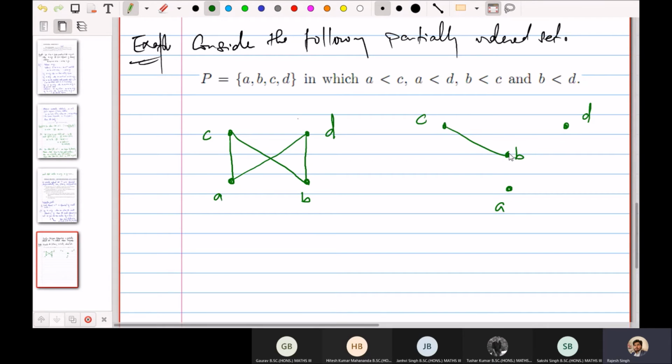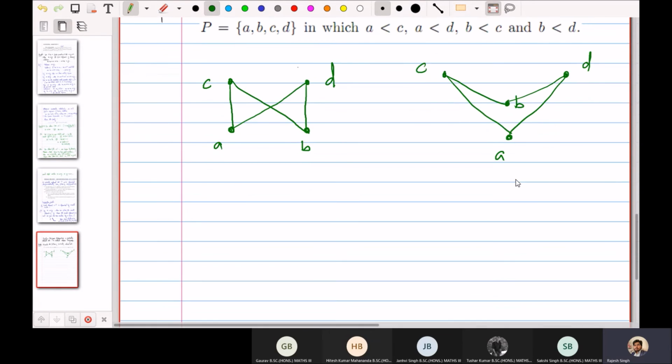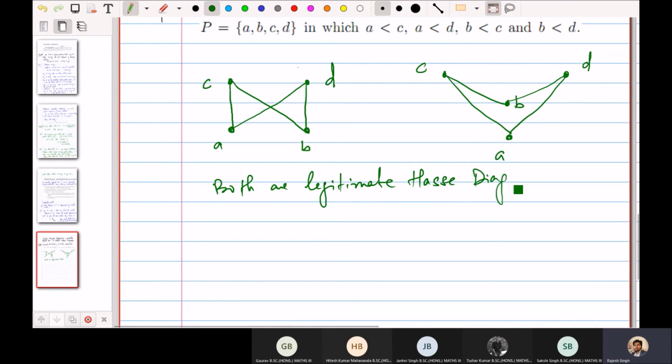So we can have a drawing like this also. So both are legitimate Hasse diagrams for P. ठीक है? Is it clear?